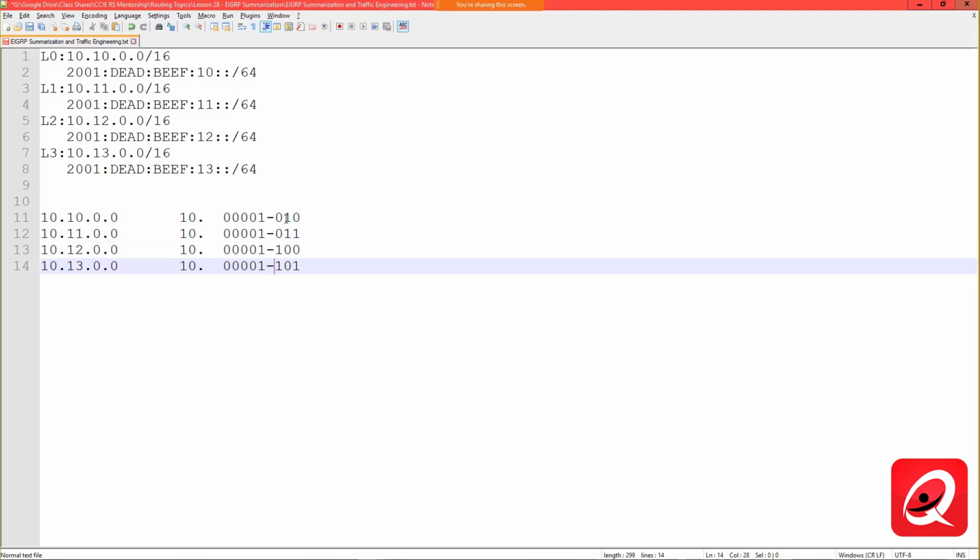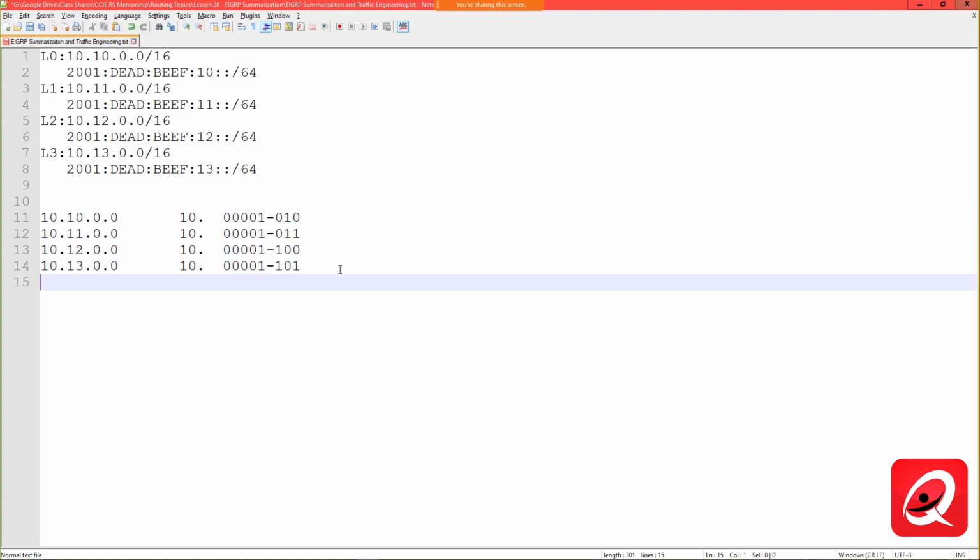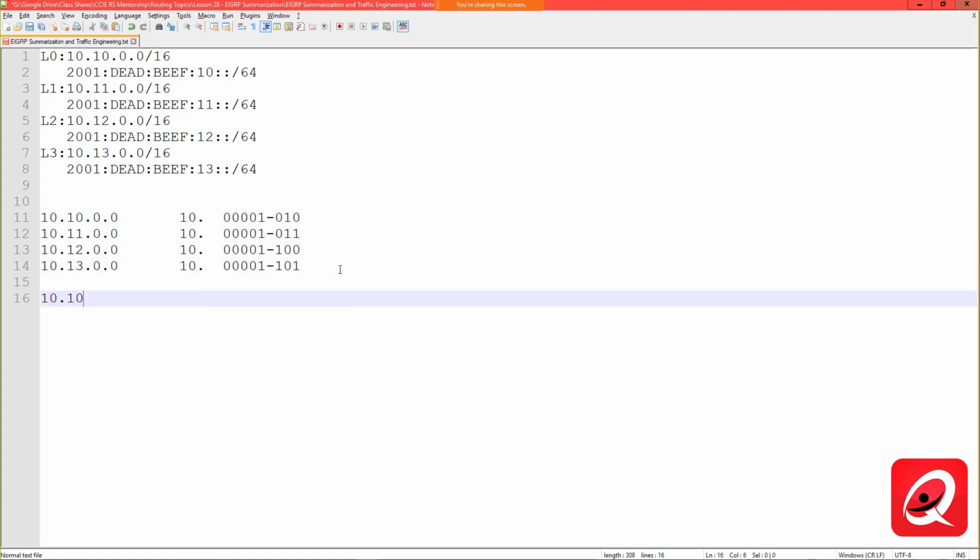Because again, we're trying to identify what bits are common and what bits are not common. Whatever the common bits are, that becomes my summary boundary. So for this particular set of networks on this client, our summary is going to end up being 10.10, because the value of these bits, actually it would be an 8, sorry.